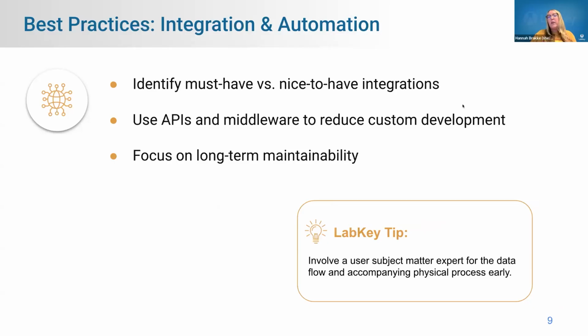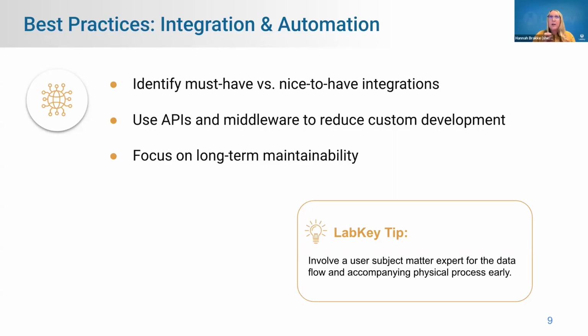And so for the integration and automation piece, there are really three bullets here that I think can be useful. This is going to be pretty variable depending on what you're doing, but in general, make sure you have identified what are those must-have versus nice-to-have integrations.